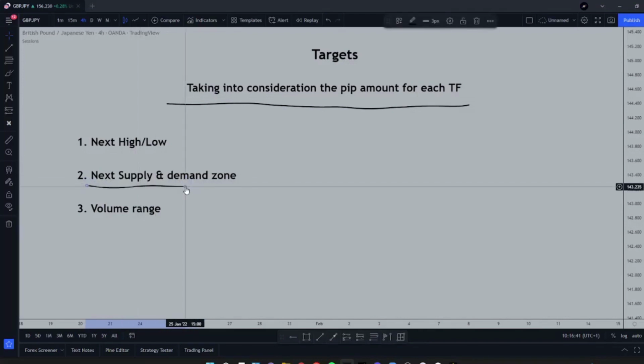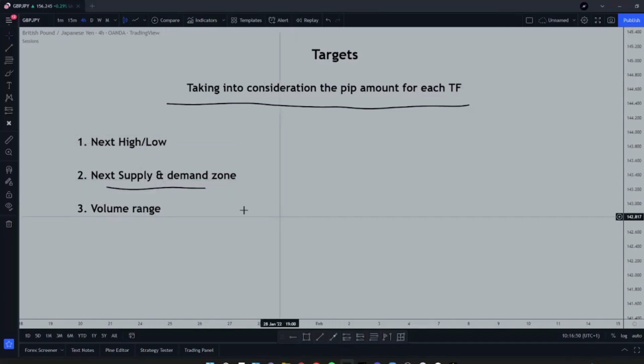Second option is the next supply and demand zone. Not only can we look at lows or highs, we could also look at the next supply and demand zone. We know that price usually moves from zone to zone. So knowing that, we can target the next supply and demand zone, but again, taking into consideration the pip amount.